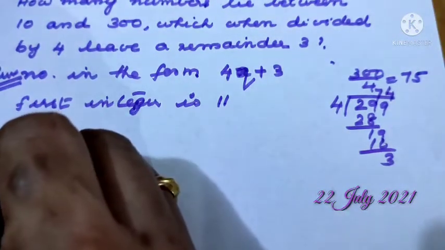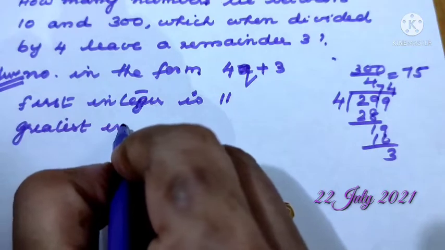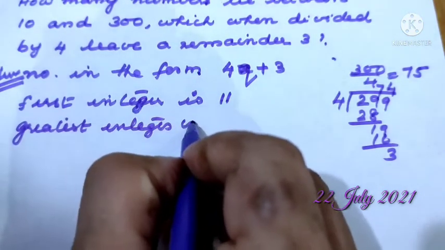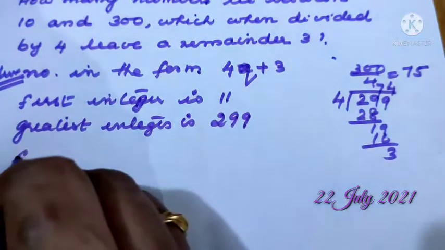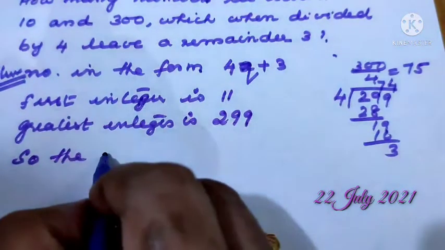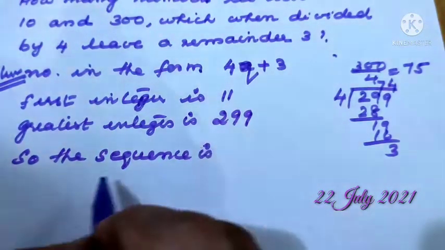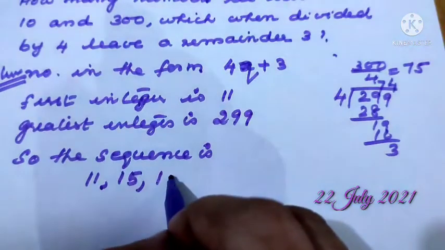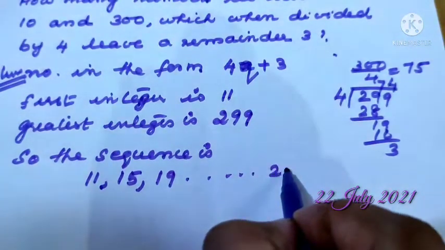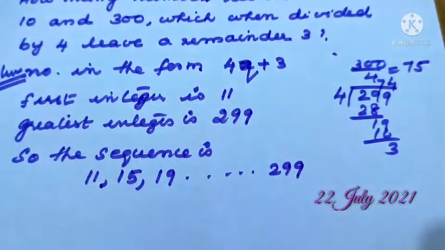The greatest integer is 299. So the sequence is 11, 15, 19, and so on up to 299.